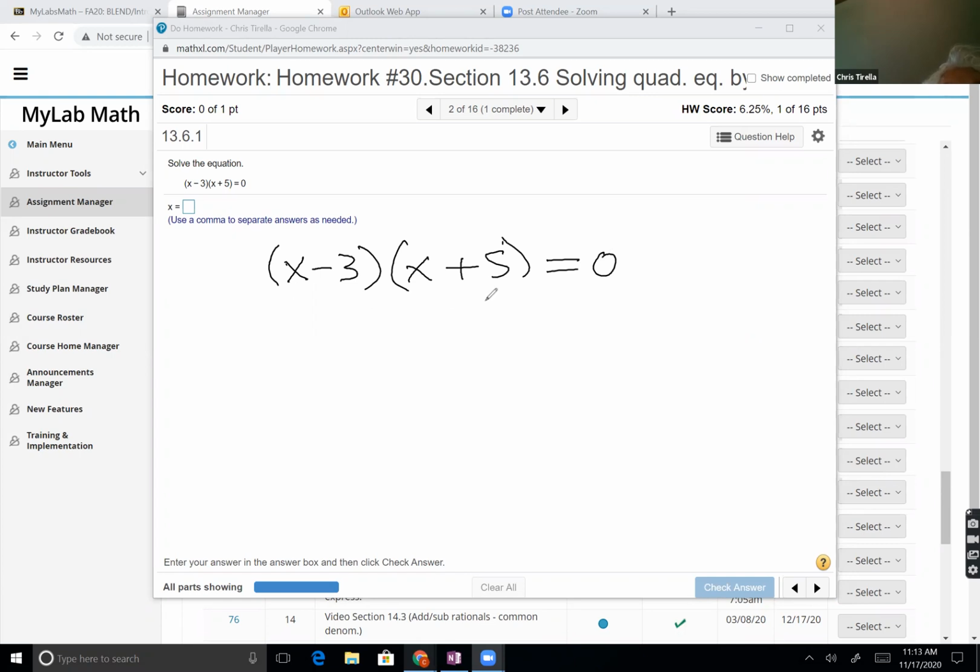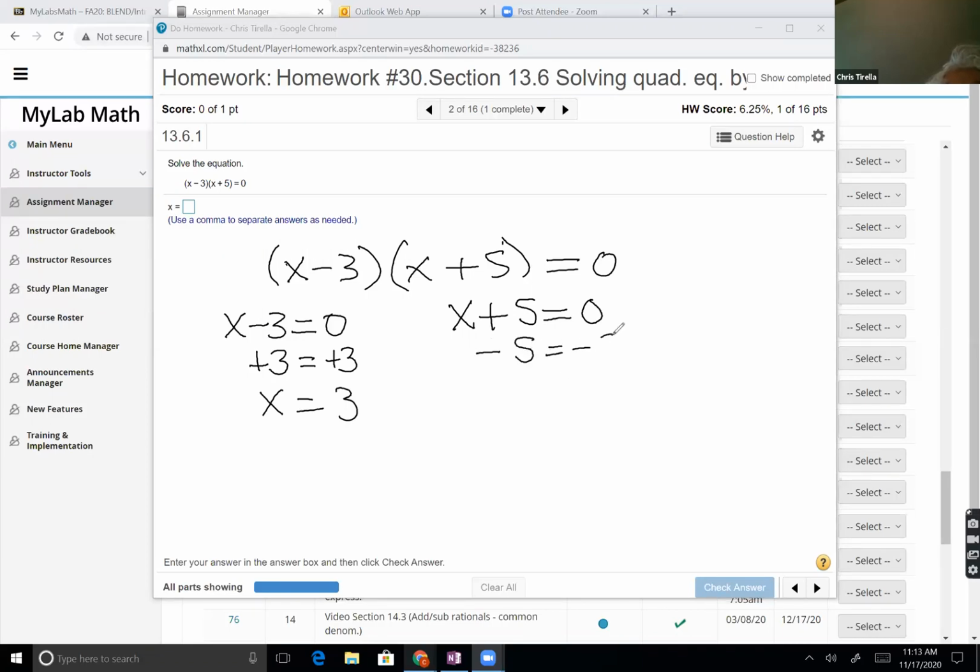So they've done the lion's share of the work for us. If that product is 0, that means that one of those two things that I'm multiplying is 0. So we're going to set each factor equal to 0, which gives us two simpler equations to solve. The first one gives me x equals 3. The second one gives me x equals -5.